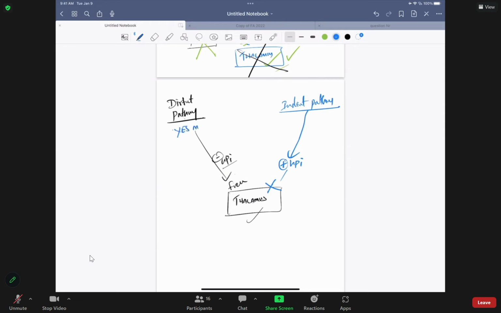That means you move. Indirect pathway, no movement. Is everybody clear, folks? So if somebody is at rest, we stimulate the direct pathway. If somebody is in the move, we stimulate the indirect pathway so you could stop the move. Is everybody clear, folks? Anybody don't understand that?